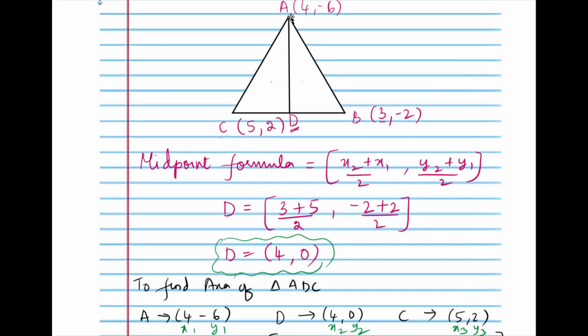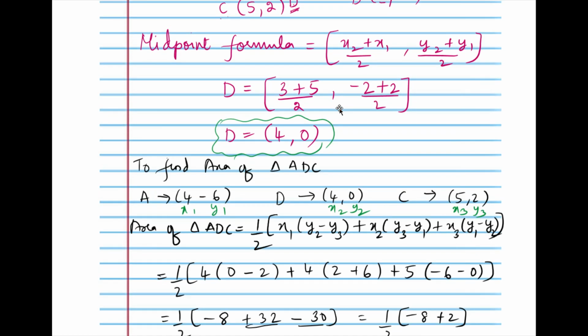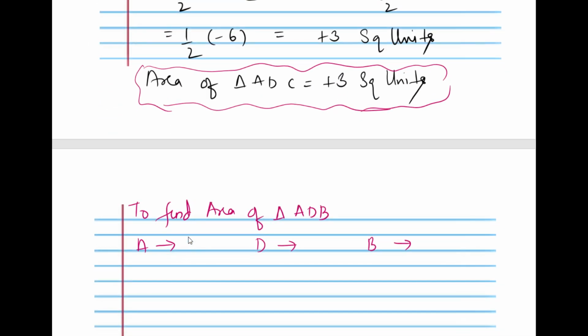We need to find out the area of triangle ADB. So point A, point D and point B. Point A is 4 comma minus 6.